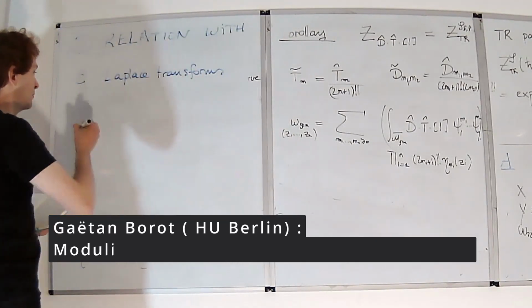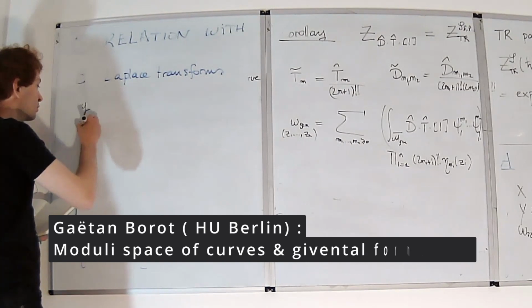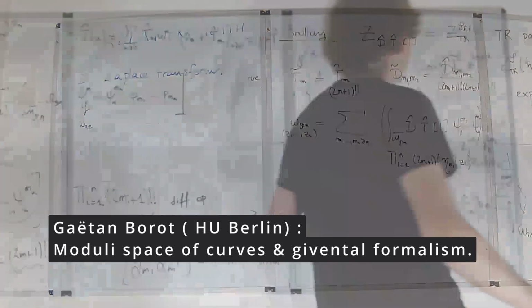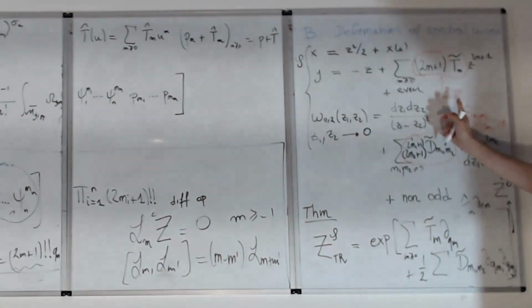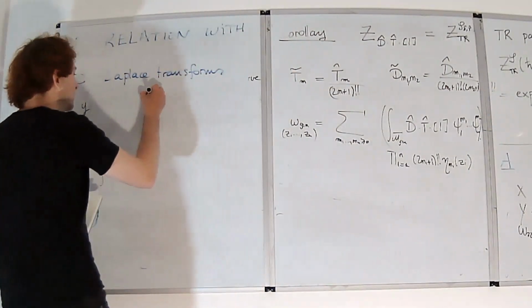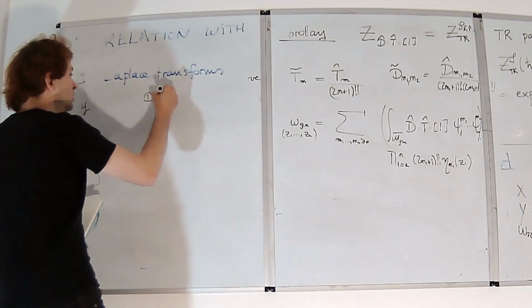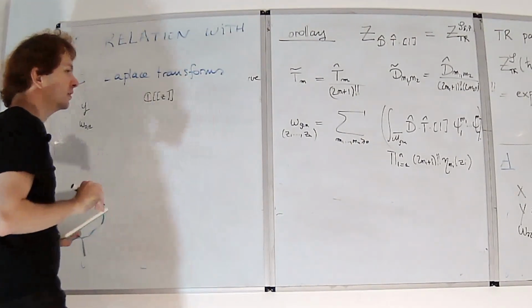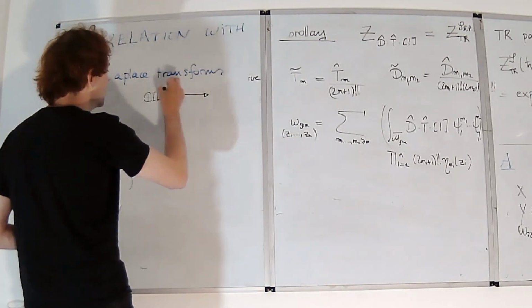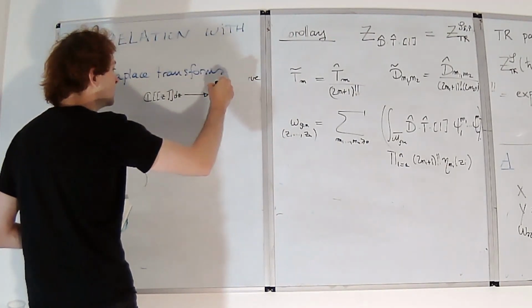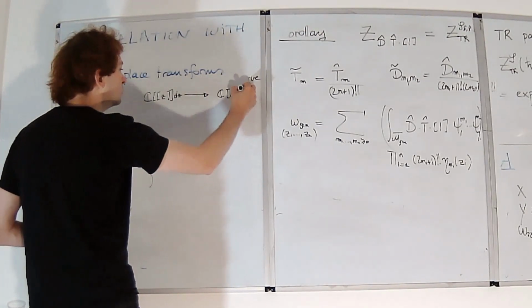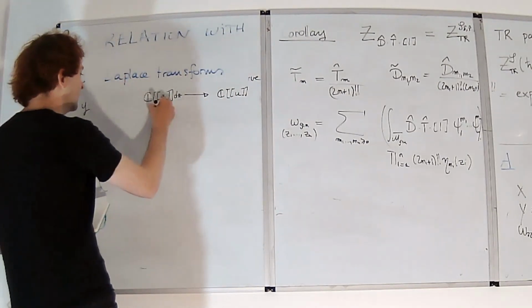So we have two things. If we have y and omega 0,2, we see that in order to get the t hat, for example, we have to get rid of these factors. So we want to introduce a linear map, which goes from formal series like this, so I'm actually going to put dz, and goes to C of u, and that is taking z.